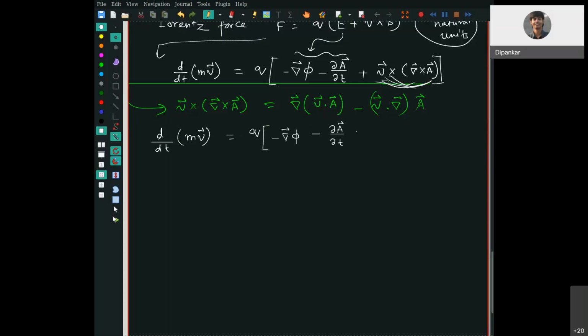I will write this term first, so I will say minus v dot del operating on A, and plus grad of v dot A.